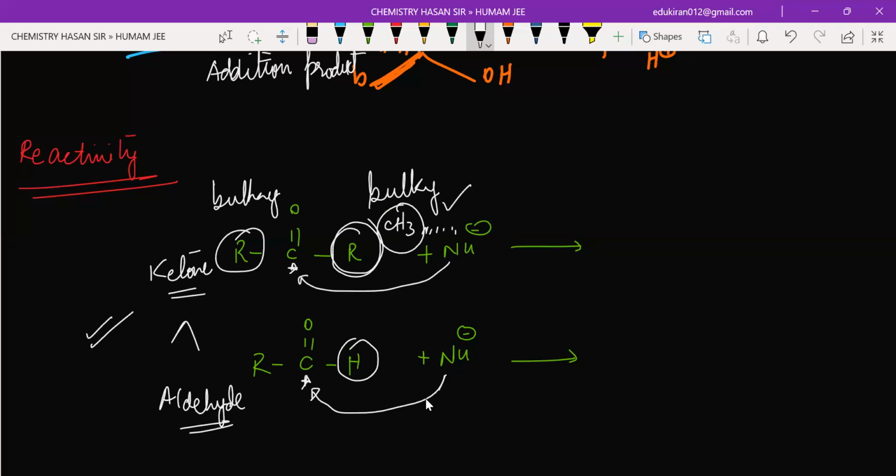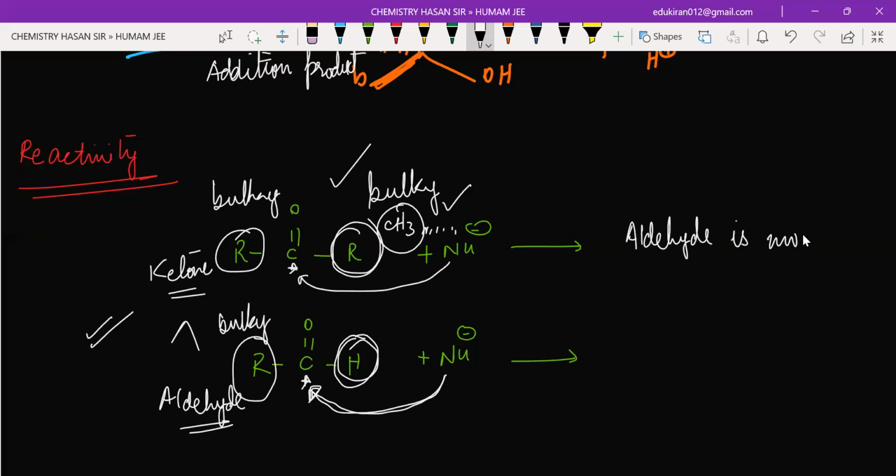And here in aldehyde, on one side you have an alkyl group, a bulky group, but the other side has only one hydrogen, which is smaller. So there will be much less repulsion as compared to ketone. That's why aldehyde is more reactive than ketone.